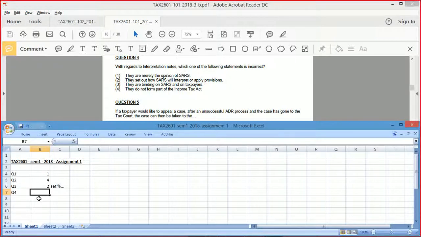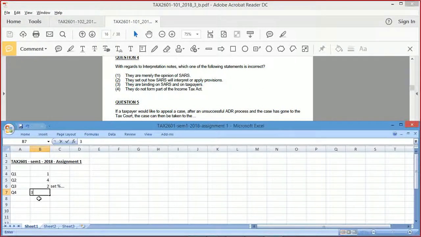Is it an opinion, yes or no? Yes, it's how SARS interprets the legislation that is set. Does it set out how they will apply the provisions? Of course it does, because that's exactly what they're telling you. Is it binding? No, it's not binding. Binding means it's law, right?